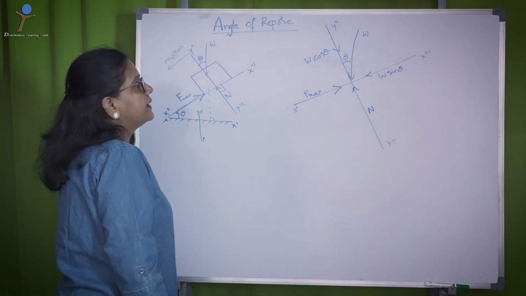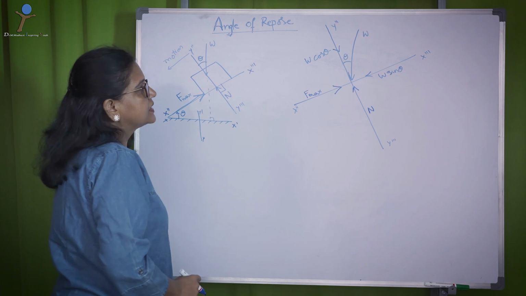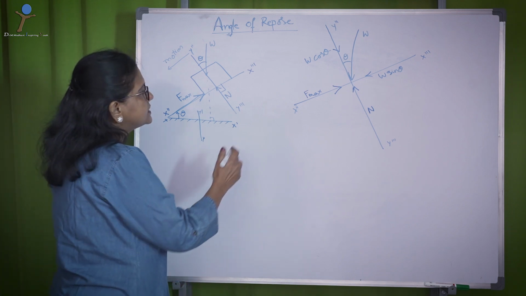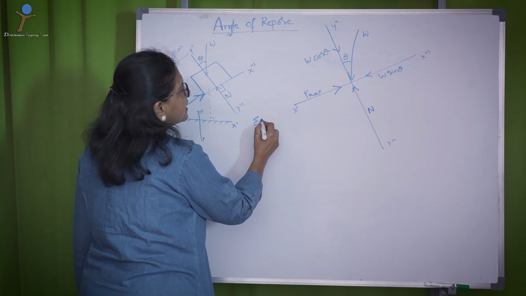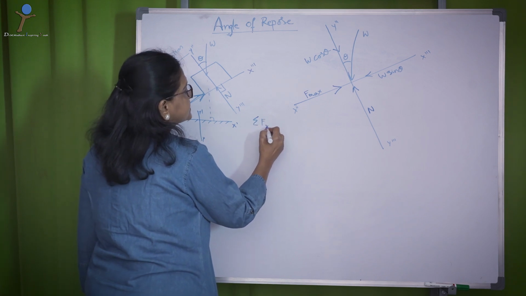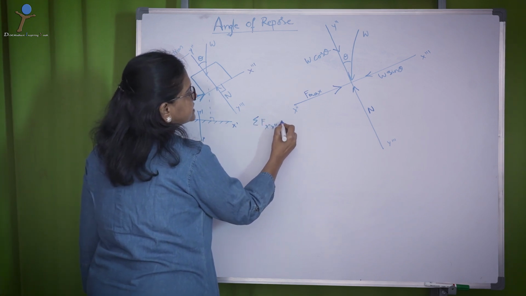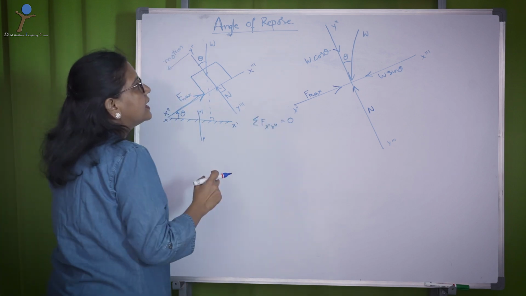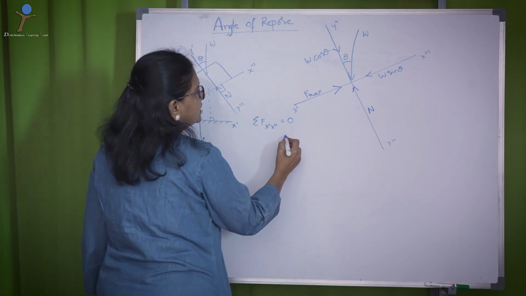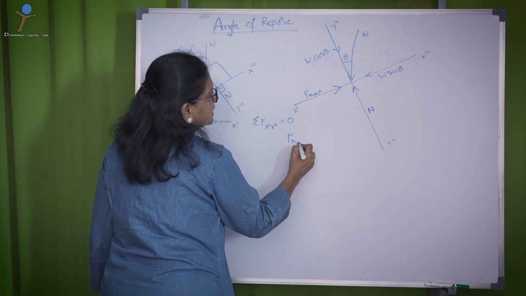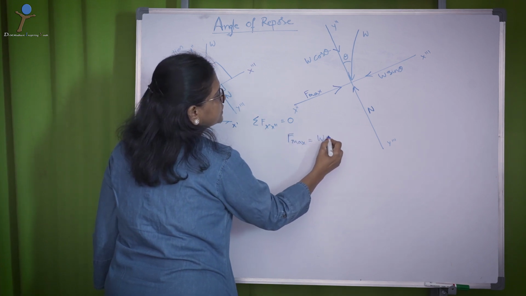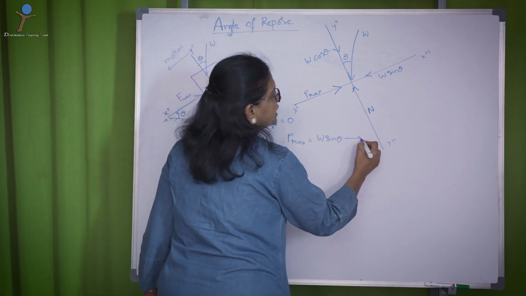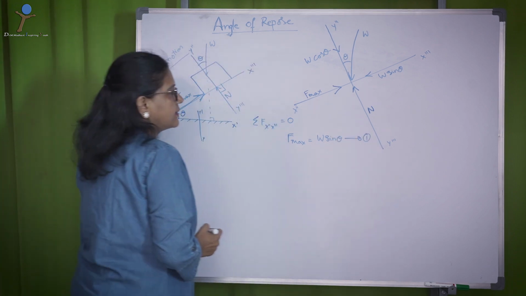Then I consider the conditions of equilibrium. Sigma F along x double dash, x triple dash equals 0. Then I get F max equal to W sin theta. Let me call this equation 1.